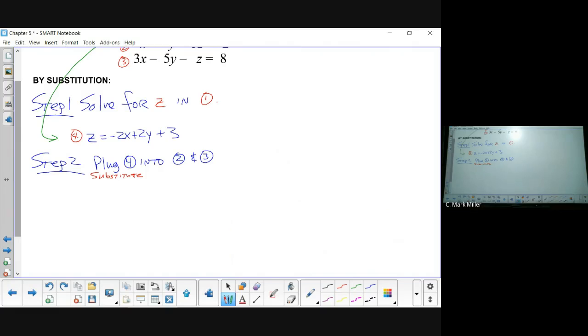Plug means substitute. Okay? Into equations 2 and 3. Do not plug 4 back into number 1. And we did this a couple of slides ago, a couple of days ago, I don't know, a week ago, where if you solve for a variable from one of the equations, and you plug that variable back into the same equation, you're going to get a 0 equals 0 or a 5 equals 5 result.